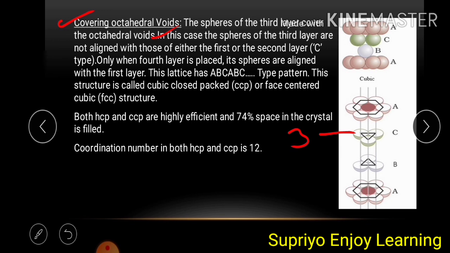Six spheres in its same layer, 3 spheres from above and another 3 from below. 12 neighbors are there. So the coordination number in both HCP and CCP is 12.